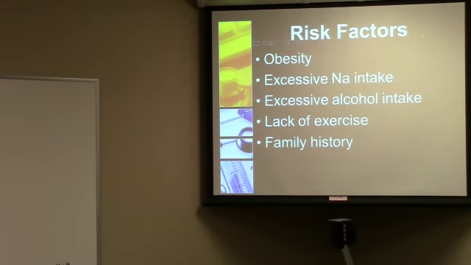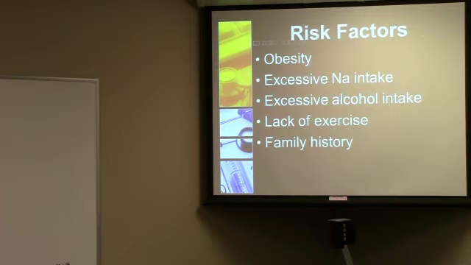Risk factors. There are risk factors for hypertension: obesity, excessive sodium or salt intake, excessive alcohol, lack of exercise, family history. The risk factor that we cannot control is genetics or family history. We cannot change that. Sometimes we'd like to, but we cannot.